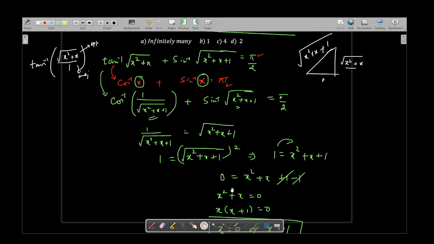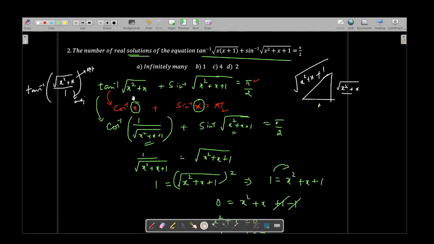We can verify this. If you put x is equal to 0, what happens? This becomes tan inverse of 0 plus sine inverse of 1, where tan inverse of 0 is 0 and sine inverse of 1 is pi by 2. So this gets satisfied. If you put x is equal to minus 1 here, again you get tan inverse of minus 1 square is plus 1, minus 1, 0.